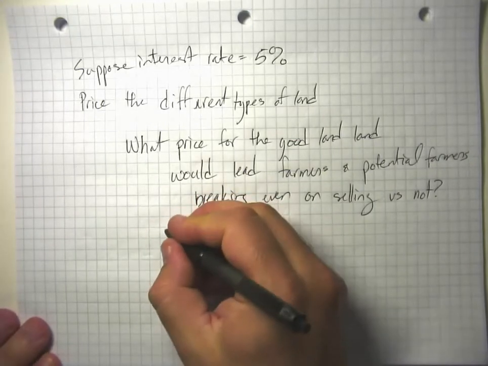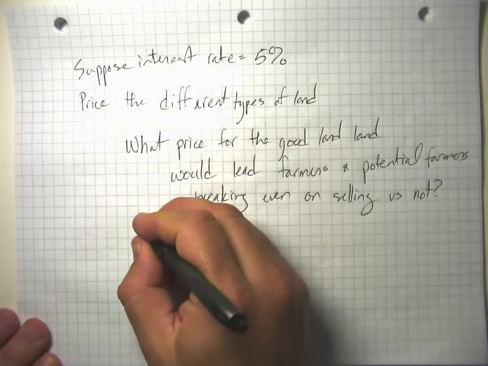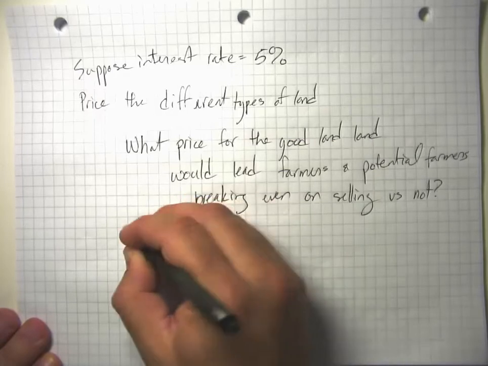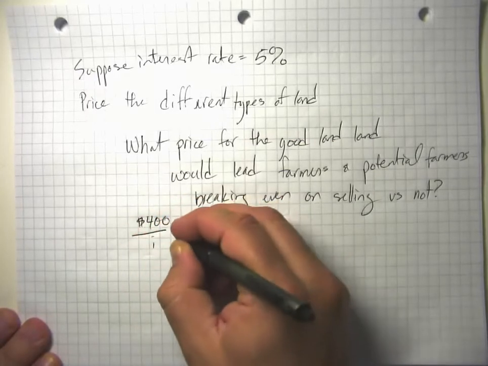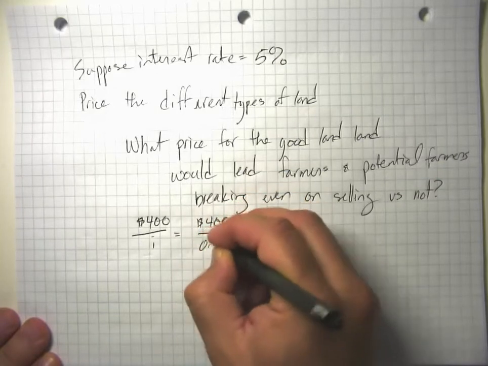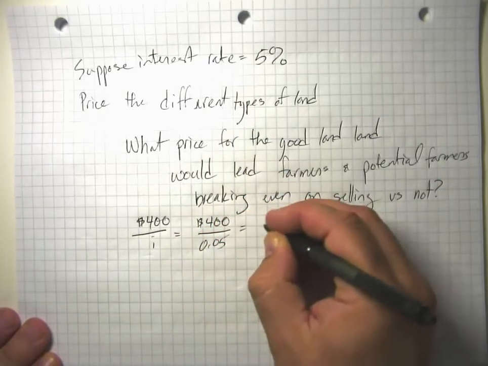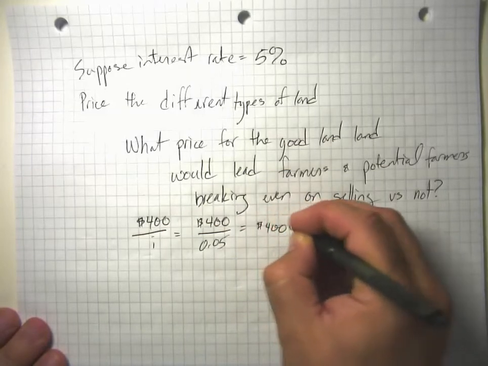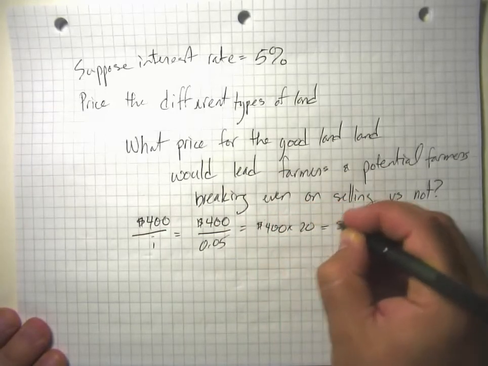So the idea here would be, well, let's take that $400 and divide by that interest rate. So $400 divided by 0.05, so that would be the same as $400 times 20, which would be $8,000.